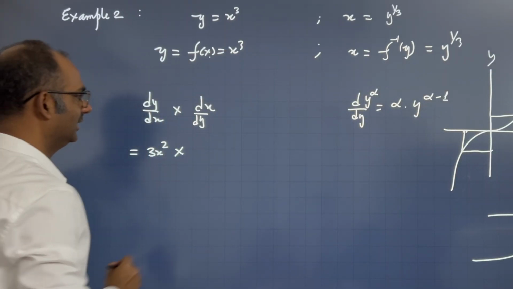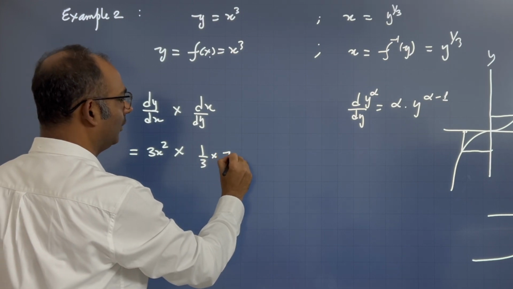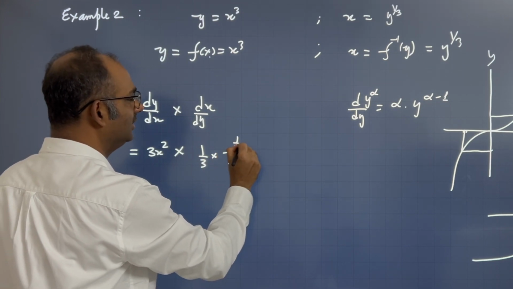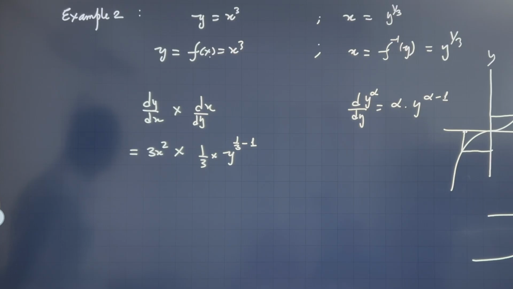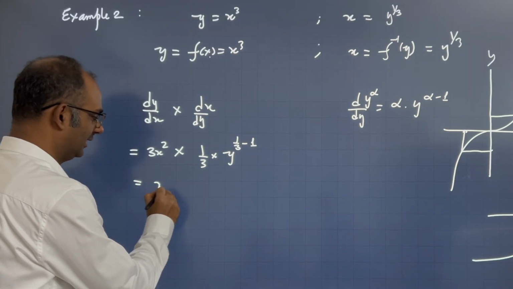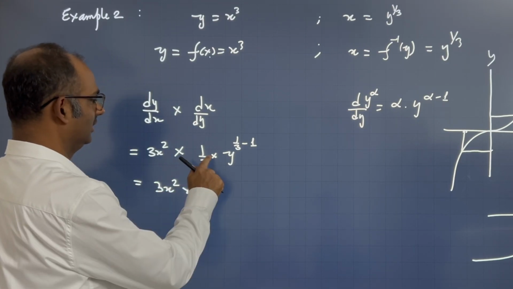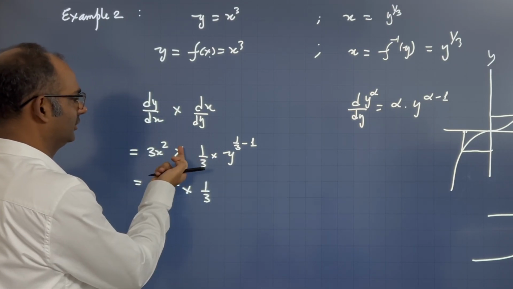So alpha is 1/3 now, so you get 1 over 3 times y to the 1/3 minus 1. That 3 cancels. Okay, let's keep it 1 over 3.